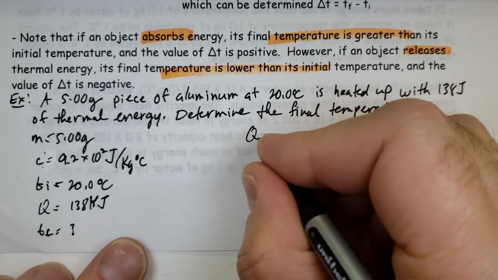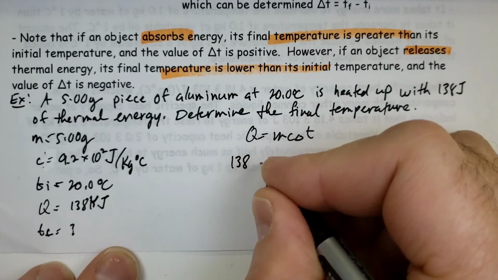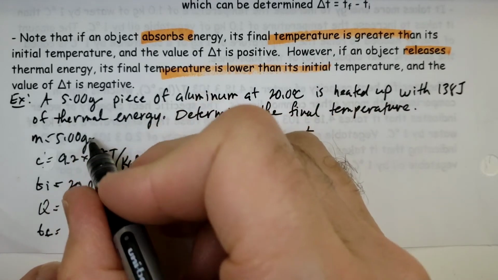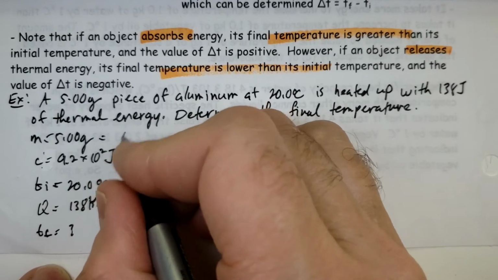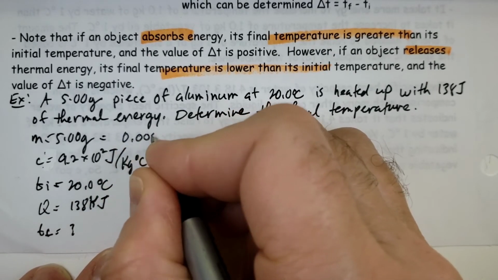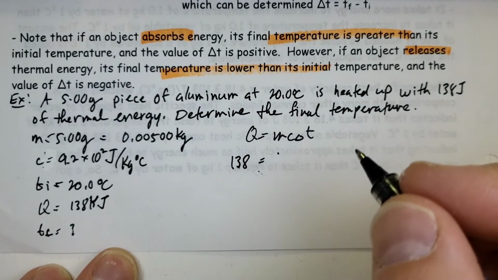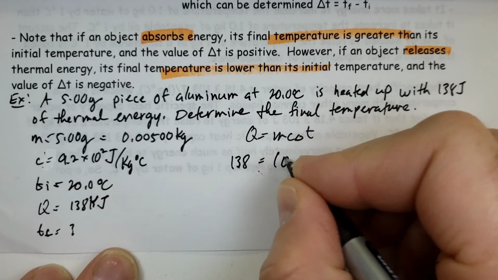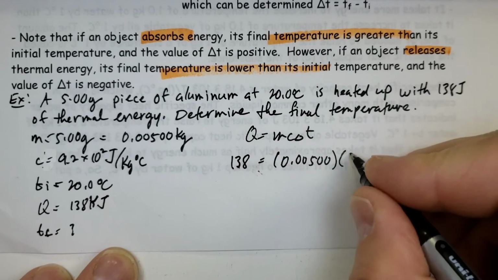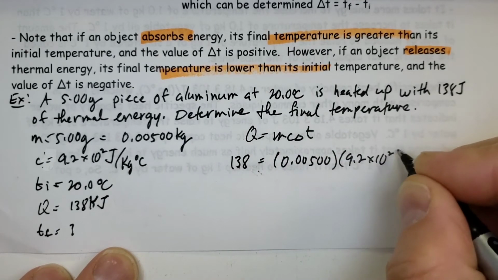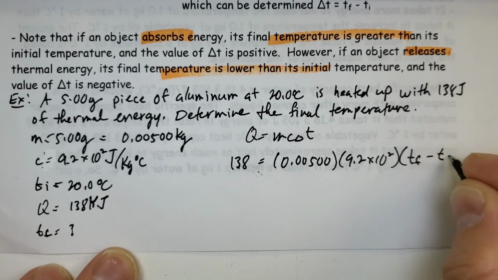All right, so Q equals m c delta T. So we have 138 joules being transferred. 5 grams, now again here, to change that into kilograms, you divide by 1,000, right? So move the decimal 3 places to the left: 0.00500. c is 9.2 times 10 to the 2. Now, delta T can be represented as Tf minus T initial, as we looked at earlier.